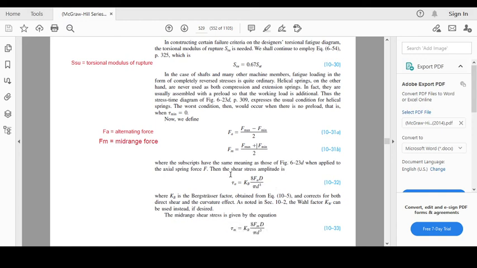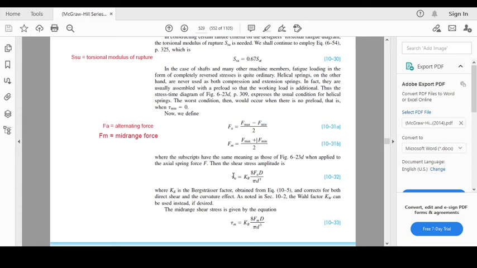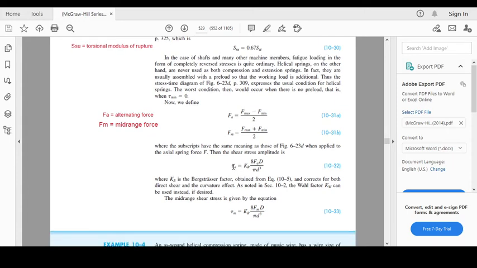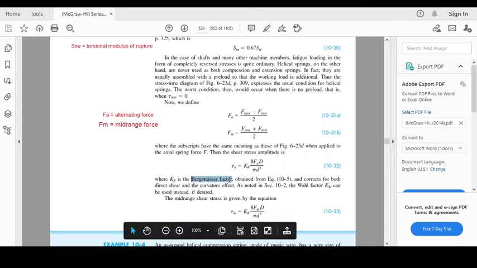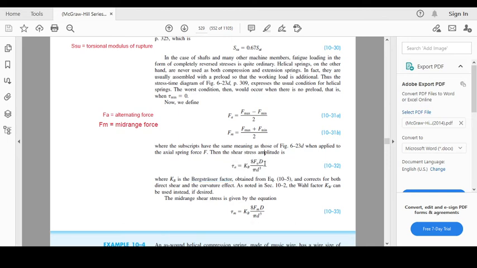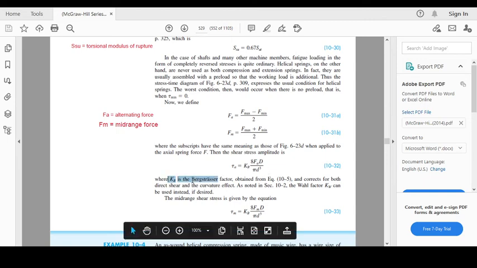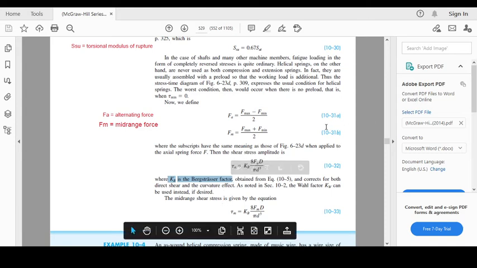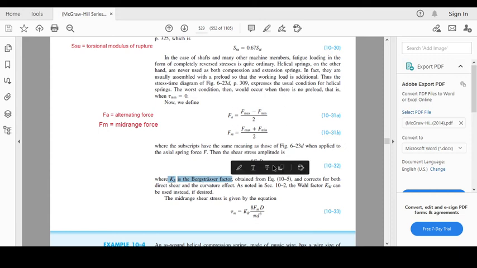The subscripts have the same meaning as those in 6223D when applied to axial spring rate, axial spring force F, and the axial stress amplitude. Shear stress amplitude is KB, the burst fracture factor, tau_a equals KB 8 FA D over pi d cubed. You can see a better explanation of the burst fracture factor in last Tuesday's class, in an upper chapter of this subject.